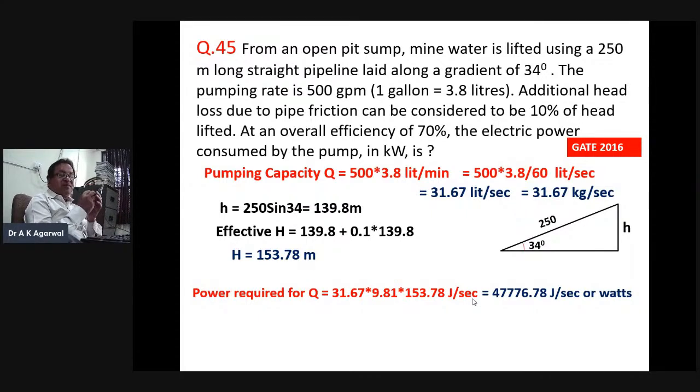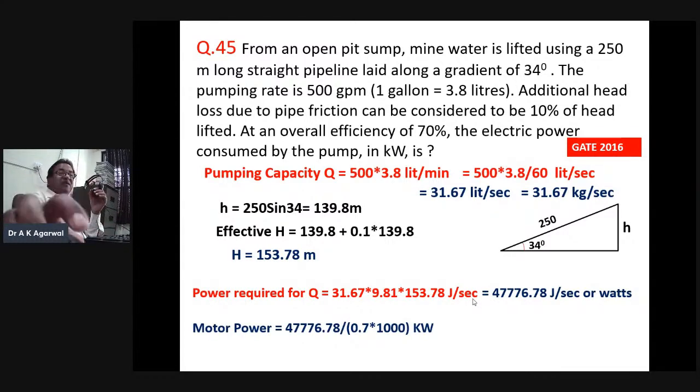Joule per second is nothing but watts. Divide by 1000, you will get kilowatts, and here the pump or motor efficiency is only 70%. So this divided by 0.7 and 1000 will be kilowatt, the motor power. This is equal to 68.25 kilowatt, which is the answer.